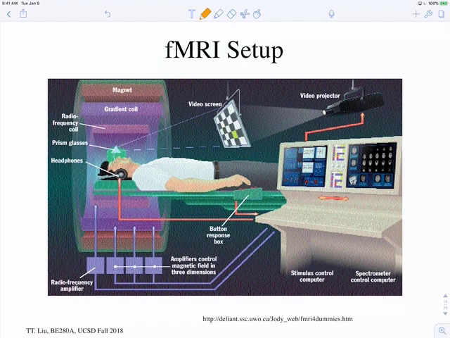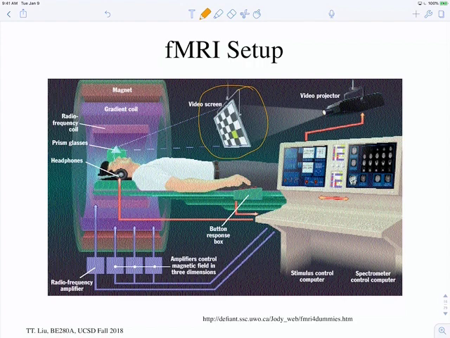So an fMRI experiment is very similar to any MRI experiment in the sense that you still put the person in the magnet and they lie there. The main difference, though, is in a lot of fMRI, you actually add some stimulus. They might be looking at a screen, or you might be piping in different smells or tastes, or zapping them, or doing lots of different things to them. Okay?